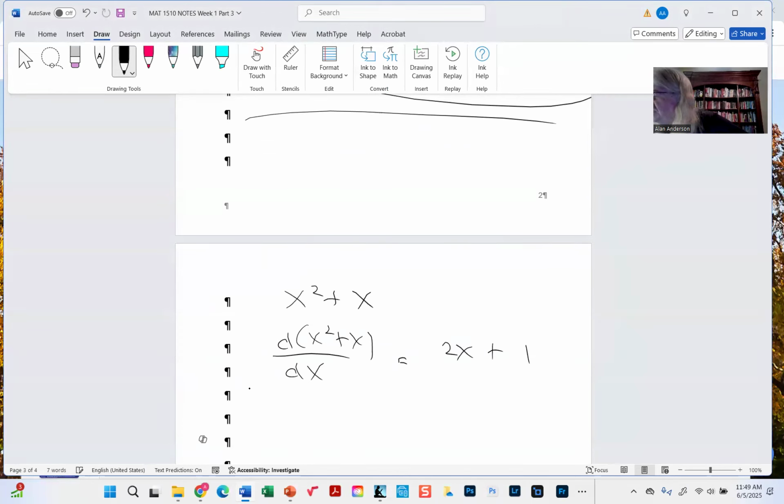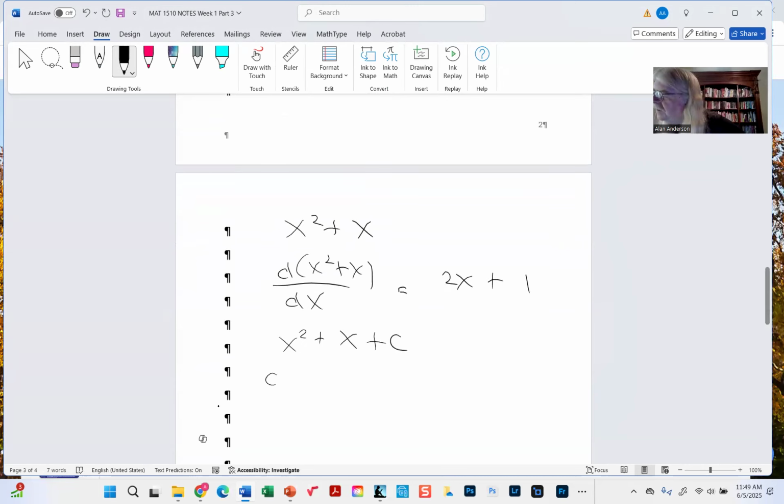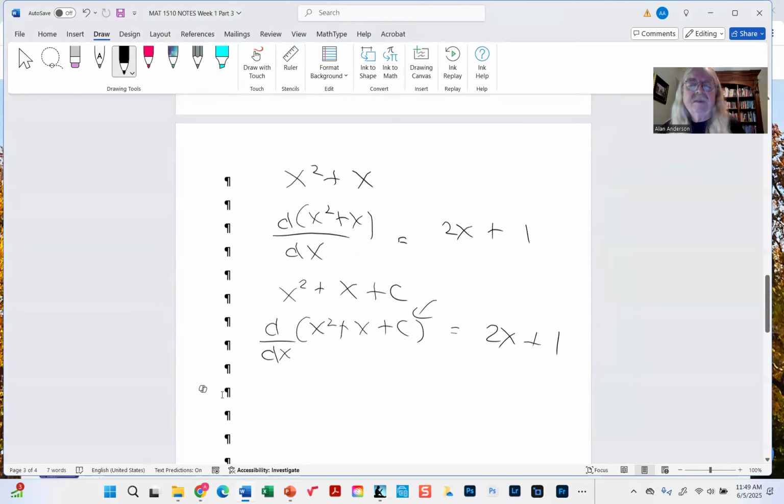But if I had a constant added to that, no matter what that constant is, the derivative is still x plus one because the constant has a derivative of zero. So in other words, that's why when we integrate, we have to allow for the possibility that there's a constant that we don't know. It could be zero, but it doesn't have to be. So we're going to leave it like that. And without further information, we just leave it as a constant.